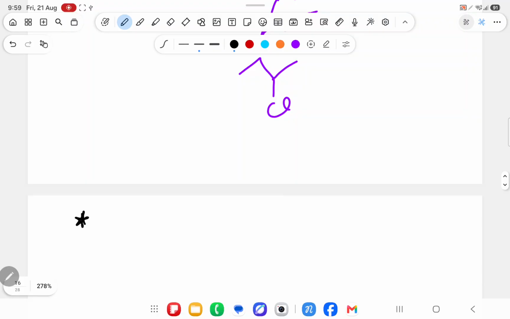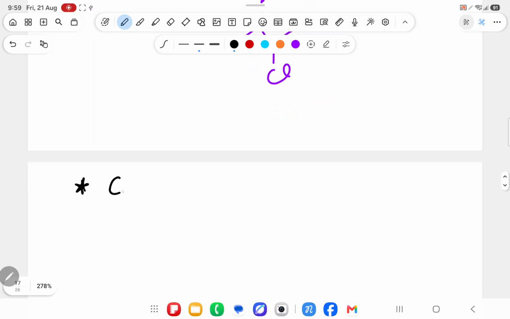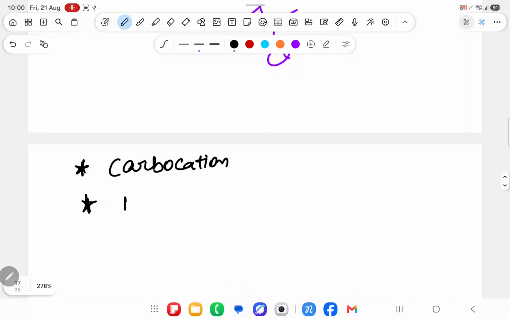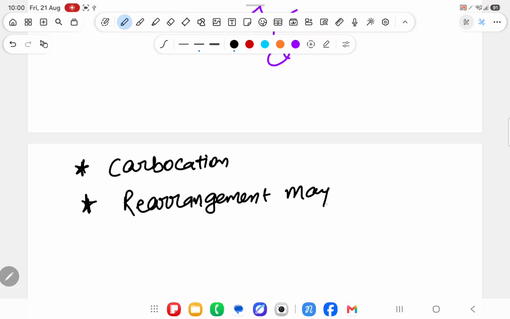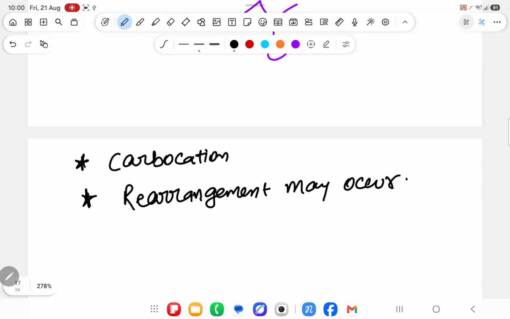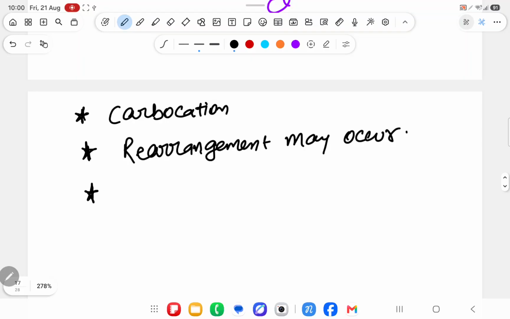Reaction of alcohol: first of all, there is formation of a carbocation. If a carbocation is formed, then rearrangement may occur. If there is a possibility of rearrangement, you can do rearrangement also. After that, you write the electron donating group, because the carbocation is formed in SN1, and SN1 is very happy with electron donating groups.